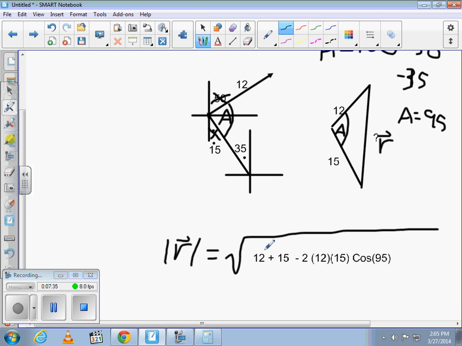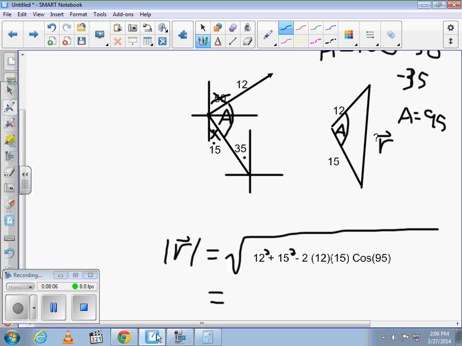And remember, this is 12 squared, not 12, and that's 15 squared, not 15. So again, this is just the cosine law. This side length, the magnitude of the vector we're looking for, is going to be this squared plus this squared minus 2 times this magnitude times this one times the cosine of the angle in between them, which is 95 degrees.